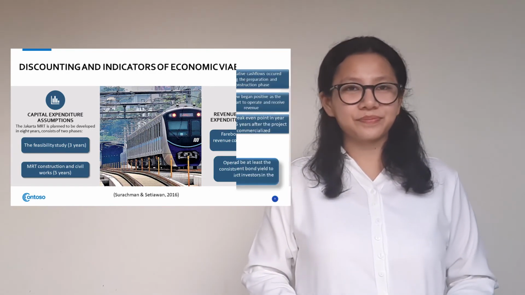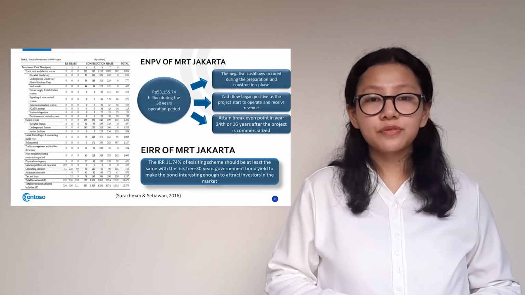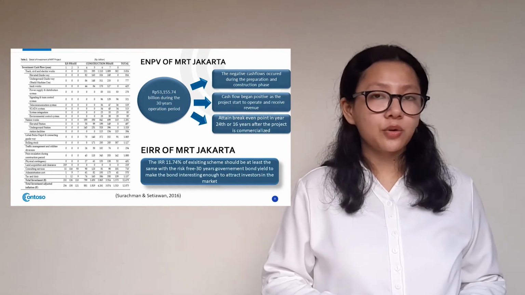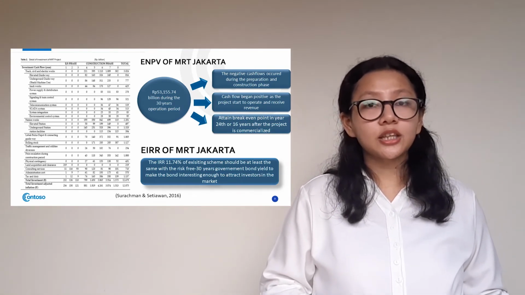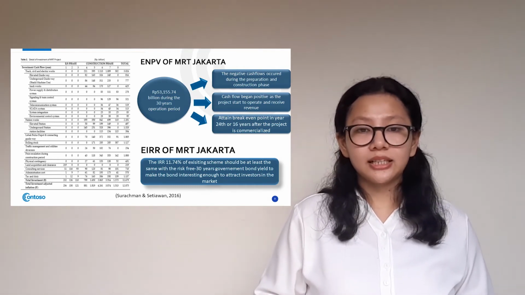Next. And now, we finally reach our final discussion of the first topic. That is economic net present value or ENPV and economic internal rate of return or EIRR of MRT Jakarta.